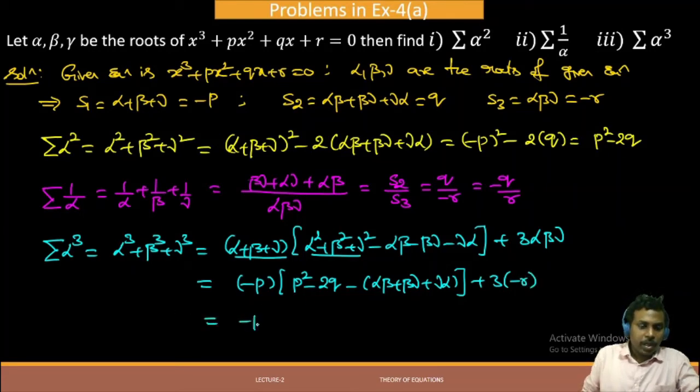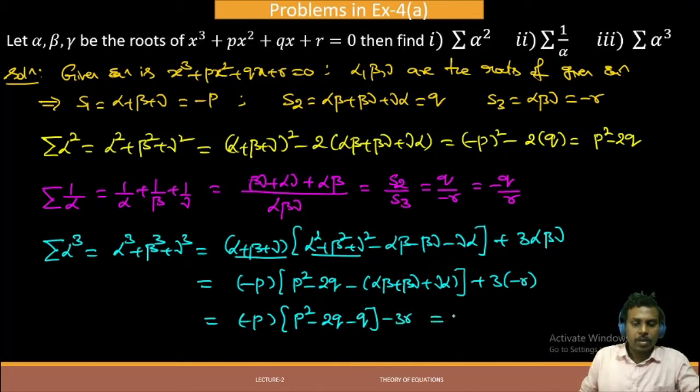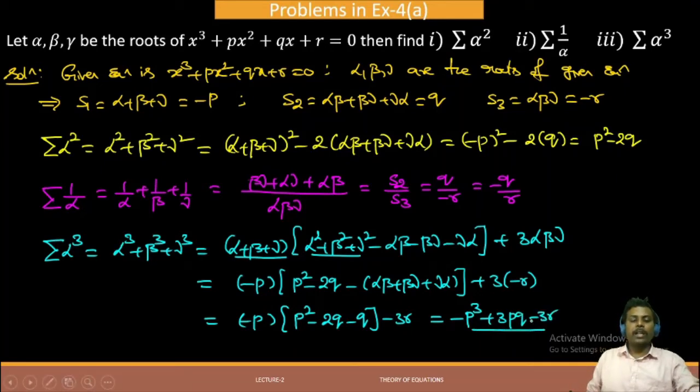So the final answer is minus p into p square minus 2q minus q, minus 3r. So that is equal to minus p into p square, which is minus p cube. This is minus 2q minus q, that is minus 3q. So minus of minus is plus. So it is 3pq minus 3r. So this is the final answer.